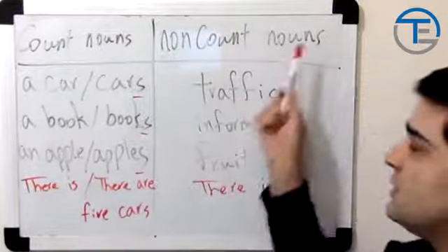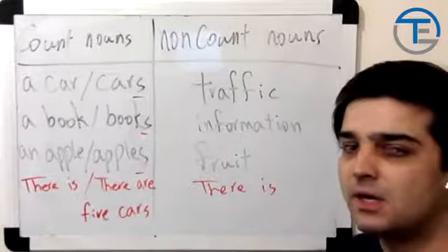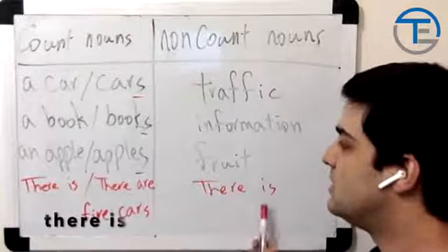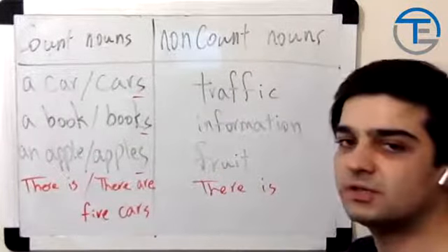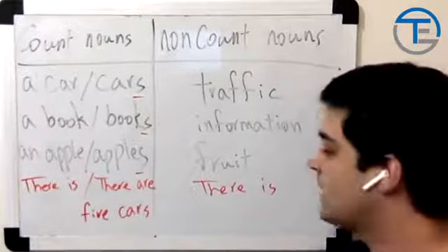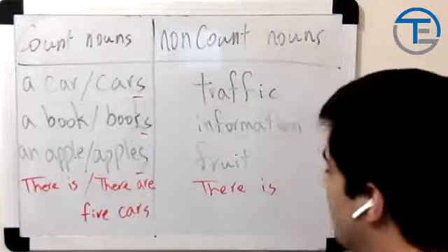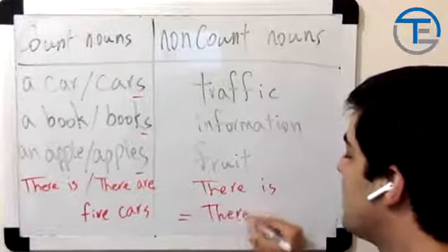With non-count nouns, to describe something, you can say there is traffic, there is information, there is fruit. And of course, the contraction for there is is there's.